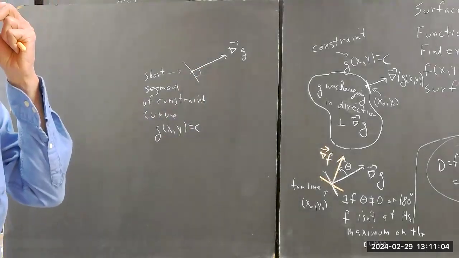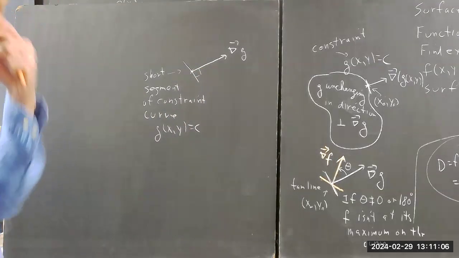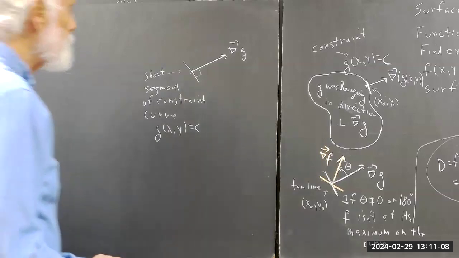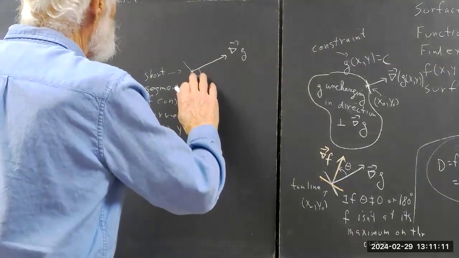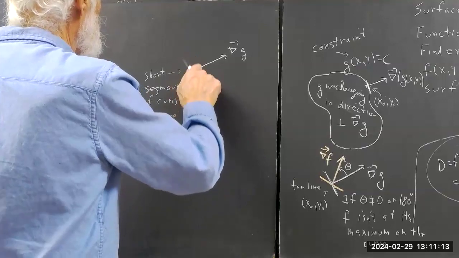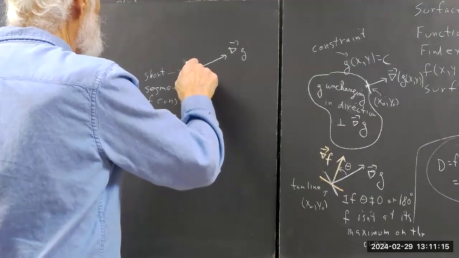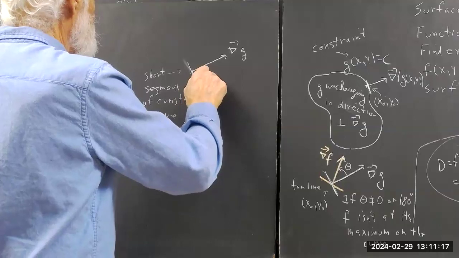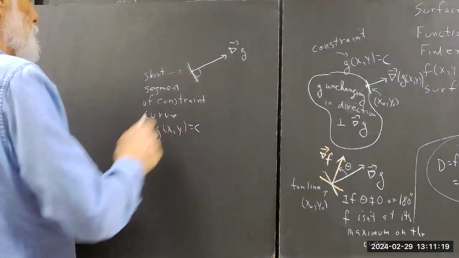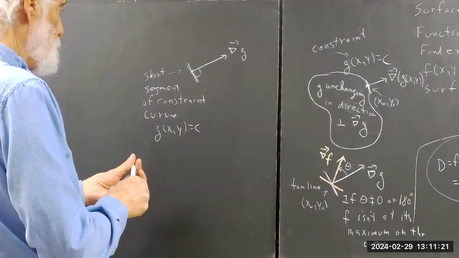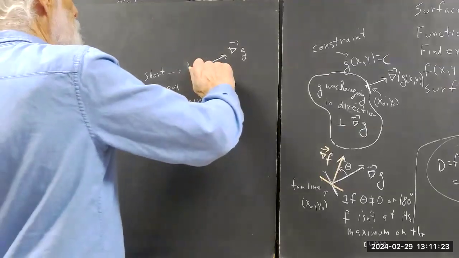At a right angle there. Okay. It didn't draw very well. All right, this smaller one looks more like a right angle. Okay. Then we've got the gradient of f.